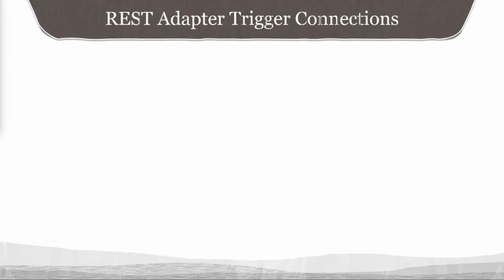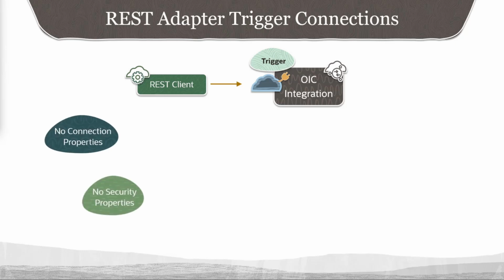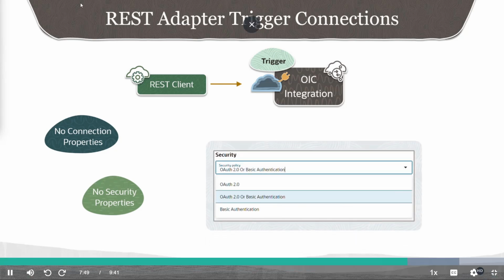Let's pivot now quickly to the trigger role use case. Defining a REST trigger connection is quick and easy since there are no connection properties, nor are there any security properties. You only need to decide how clients will be required to authenticate when accessing the integration by selecting a security policy: basic HTTP username and password authentication, OAuth 2 grant types, or support for both.